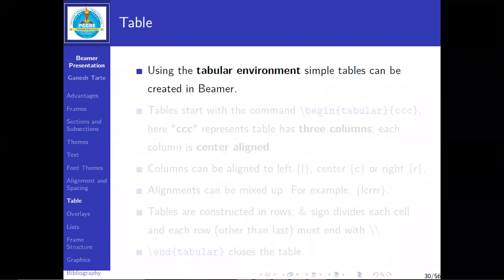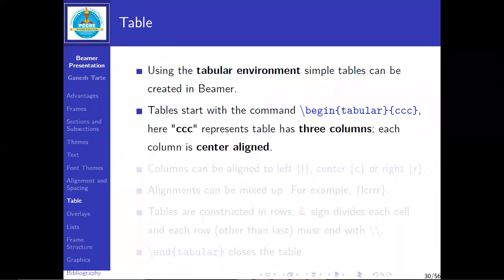Now tables. I think the tabular environment was already discussed in the second session, so we will cover it quickly. Using the tabular environment, simple tables can be created in a Beamer presentation. A table always starts with the command slash begin tabular. In the next curly bracket, there are 3 C's. That 3 C's means 3 columns, centrally aligned.